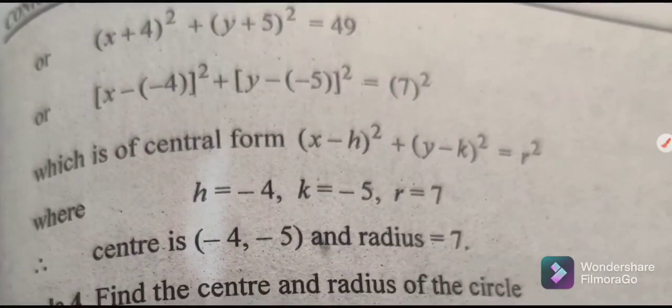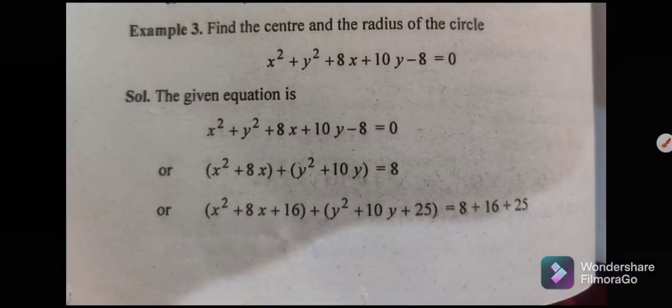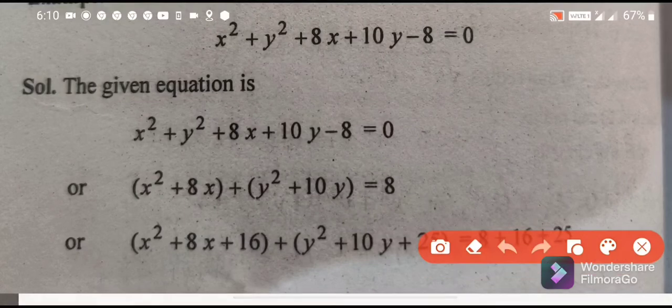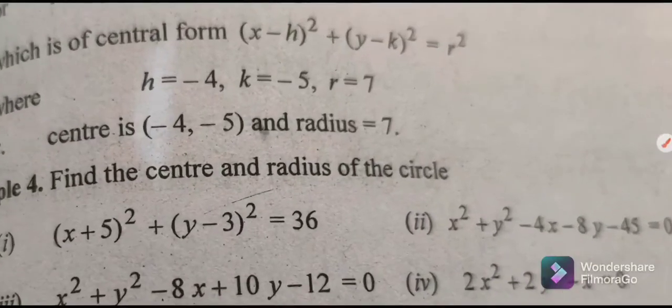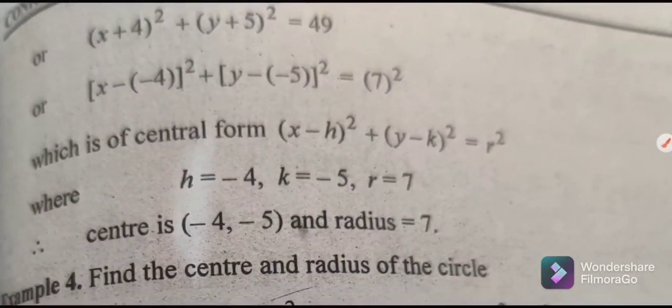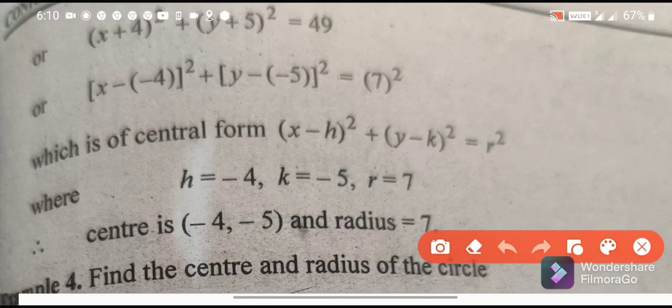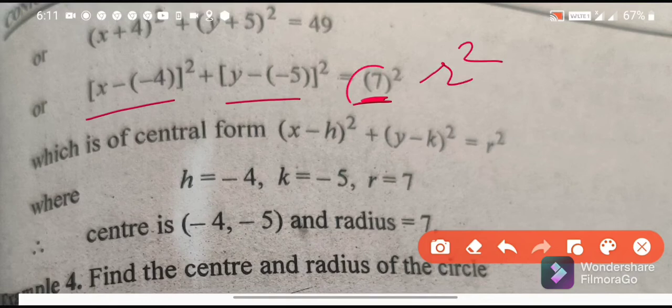Now this is equal to (x plus 4) square plus (y plus 5) square is equal to 49, because by adding these three, 8 plus 16 plus 25 is equal to 49. Now easily we will find the center and radius. Radius is equal to 7 and center is equal to (-4, -5).